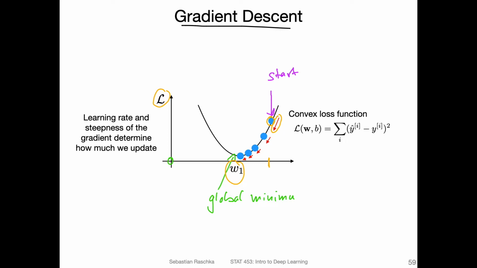Using this, I should say, actually the derivative should point upwards here in this direction, but this arrow here is the negative slope. So this arrow here is the negative slope, and we can use this negative slope in multiple dimensions. You can think of it as a gradient instead of a derivative.